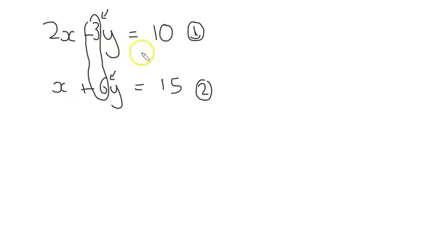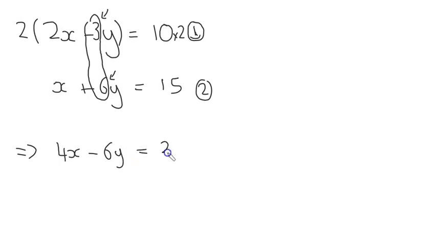So to achieve that, if we double both sides of this equation, so we're going to times equation 1 by 2, making sure to times all of the left hand side by 2, that's why I put a bracket there, then what are we going to get? Well, we're going to get 4x minus 6y is equal to 20, and then we can write this other equation underneath again just for ease of comparison.